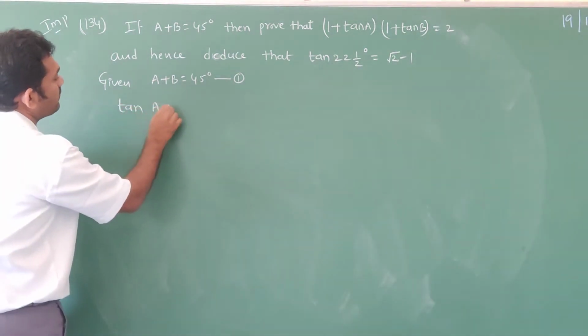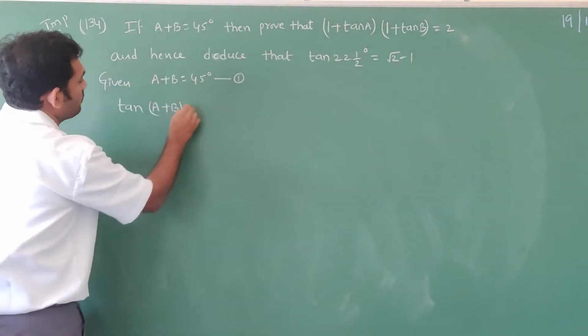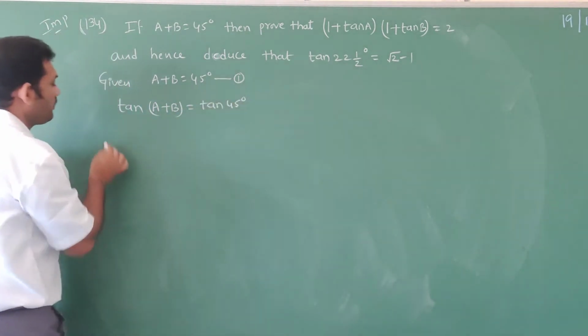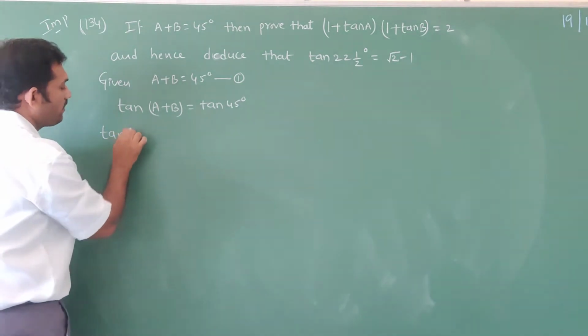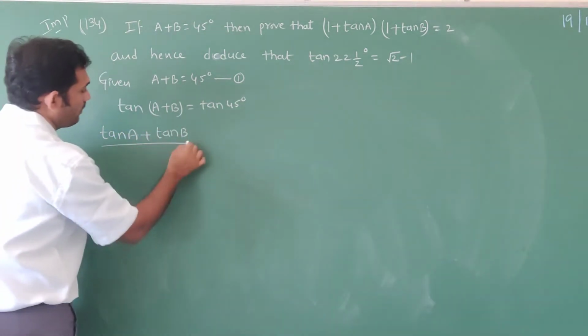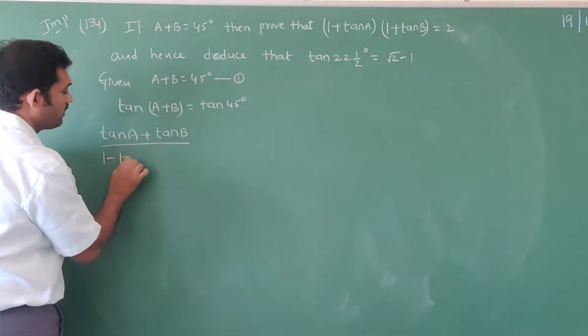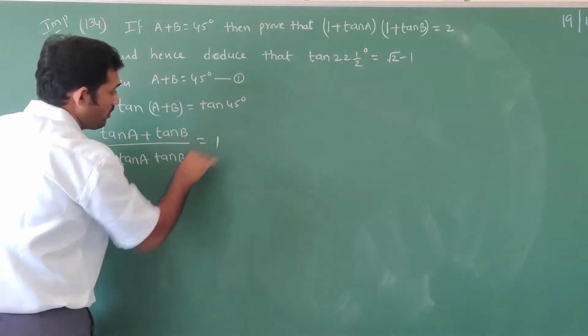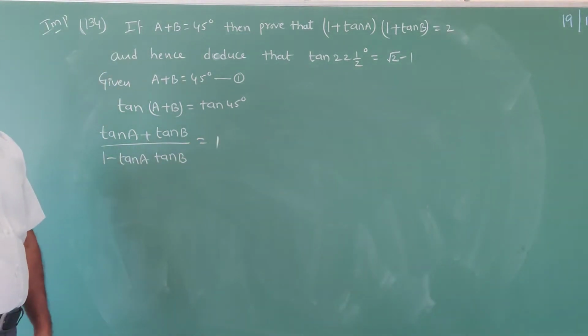Taking tan on both sides, tan(A plus B) is equal to tan 45 degrees. So by the tan(A plus B) formula, tan A plus tan B divided by 1 minus tan A into tan B is equal to the tan 45 value, 1.